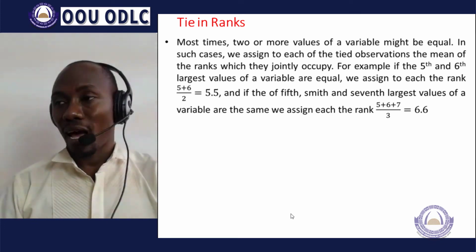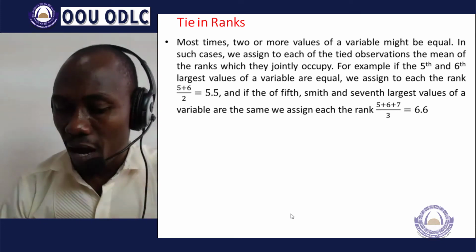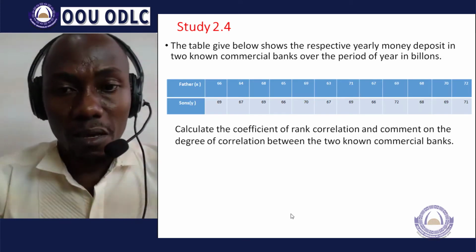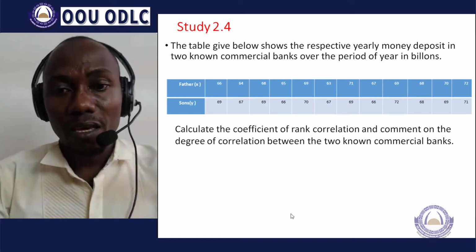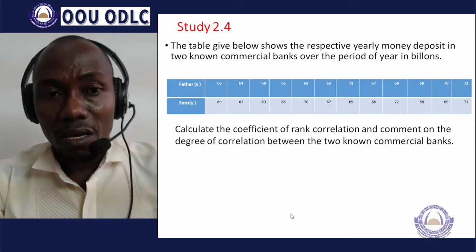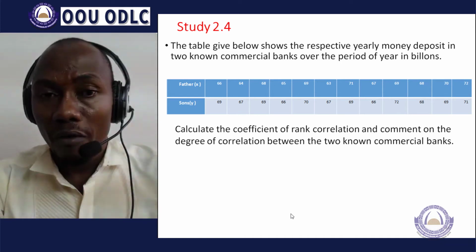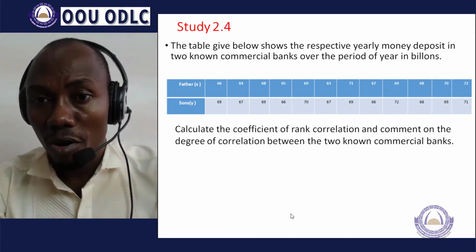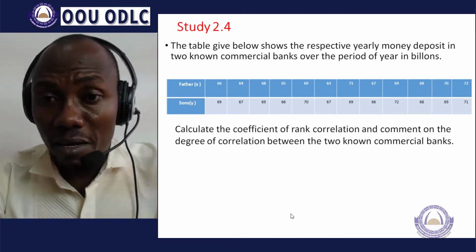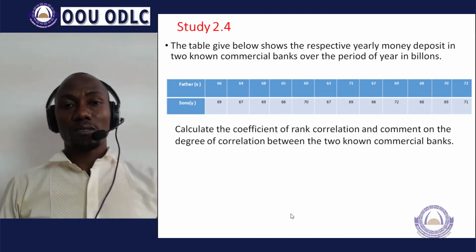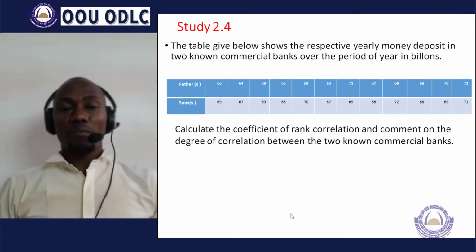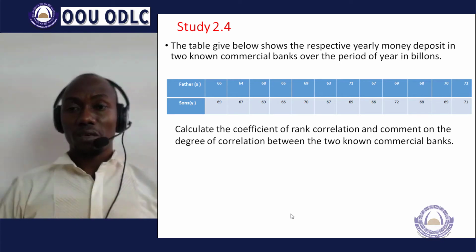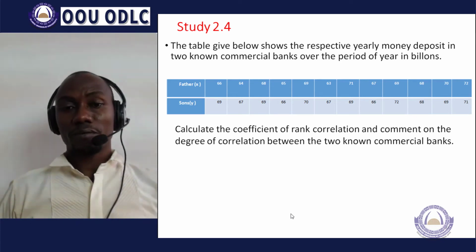So let us look at an application of tie of ranks in Spearman's rank correlation coefficient. Picking an instance, we have the data of the yearly deposit of money into two commercial banks. This is measured in billions.